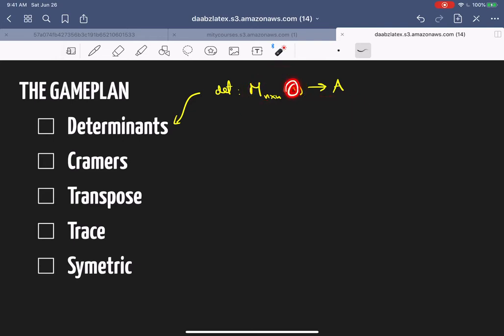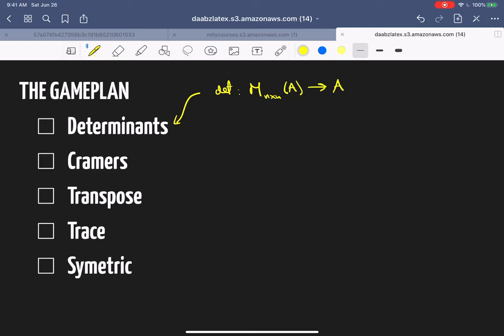Whatever the field A is, that's what you're going to get out of it. So you start off with a table and you assign it an actual number value that's not necessarily a table. Okay, that's a determinant.